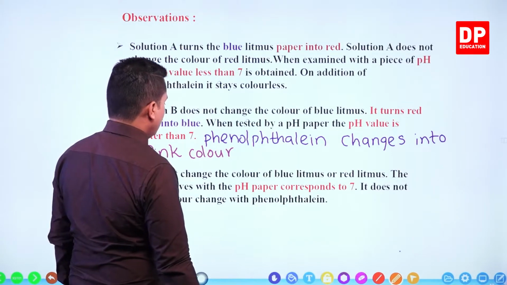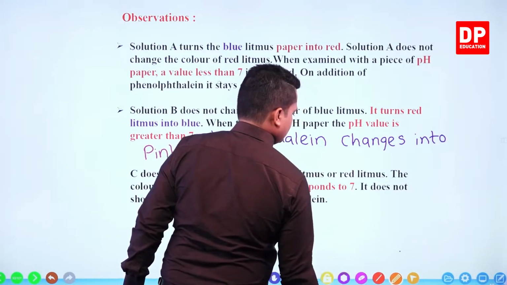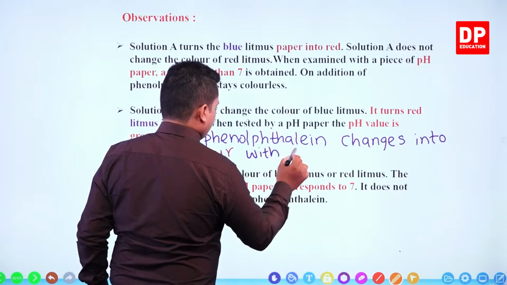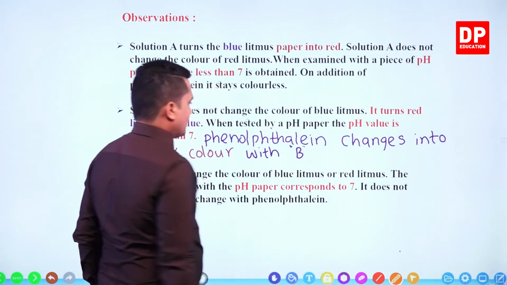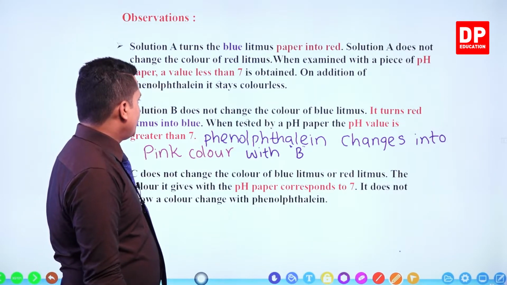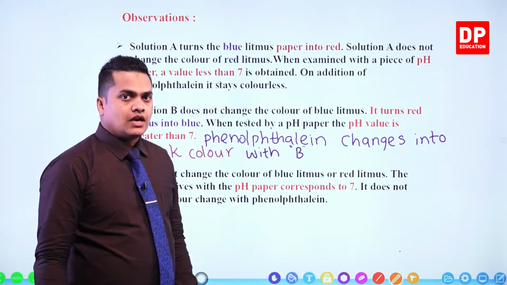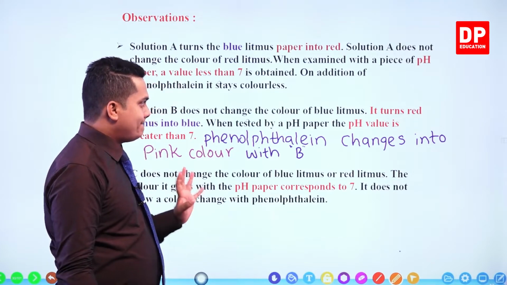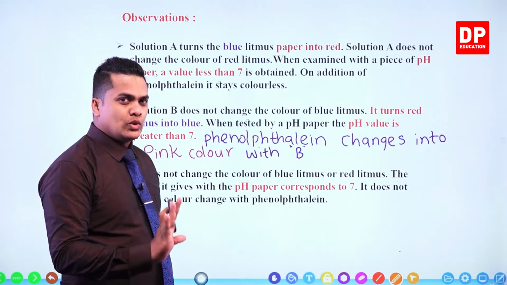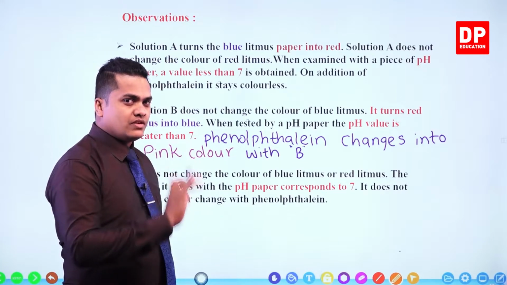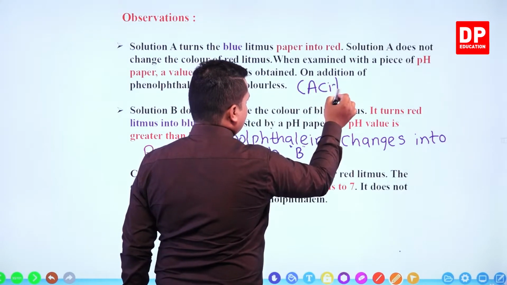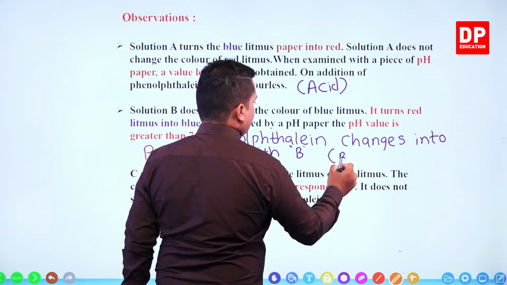Phenolphthalein changes into pink color with B. So when you put B solution into phenolphthalein, the color of phenolphthalein is getting changed into pink color, my dear children. So by these two observations, we can clearly say that this is an acid and this is a base.